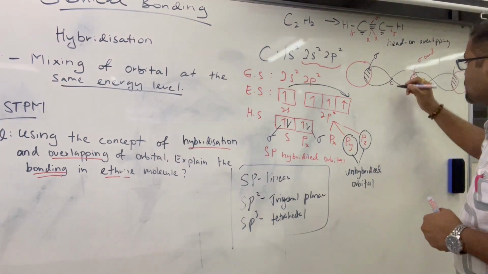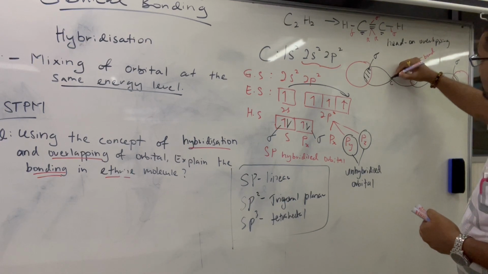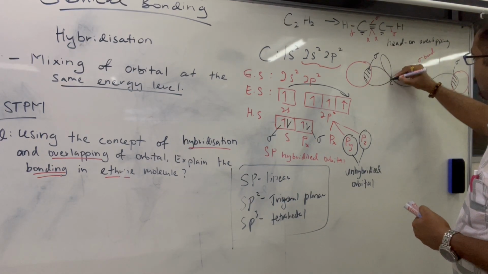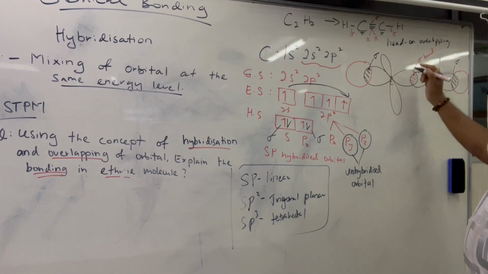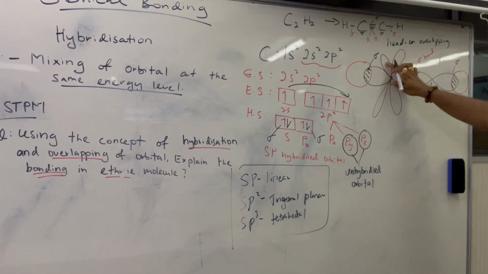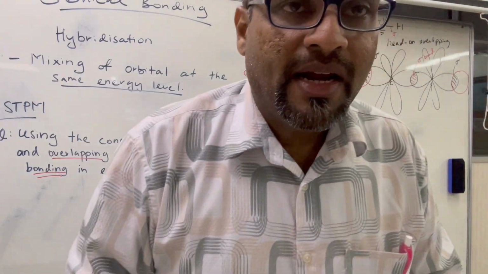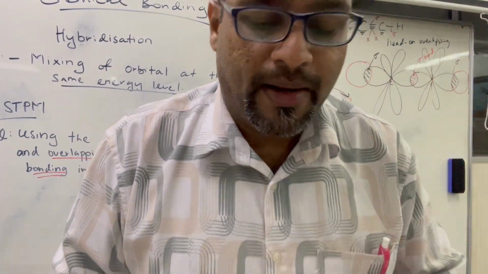So you have two unhybridized orbitals over here, and the other one is here. Similarly, for the other carbon, you have unhybridized orbitals over here. So what we can see here is that there are two unhybridized orbitals for each carbon.